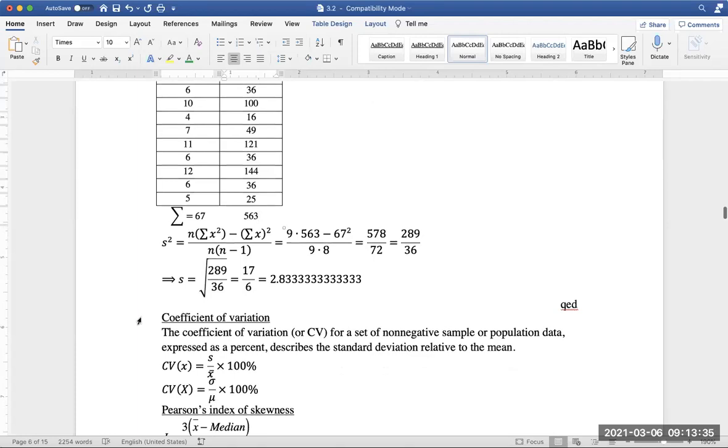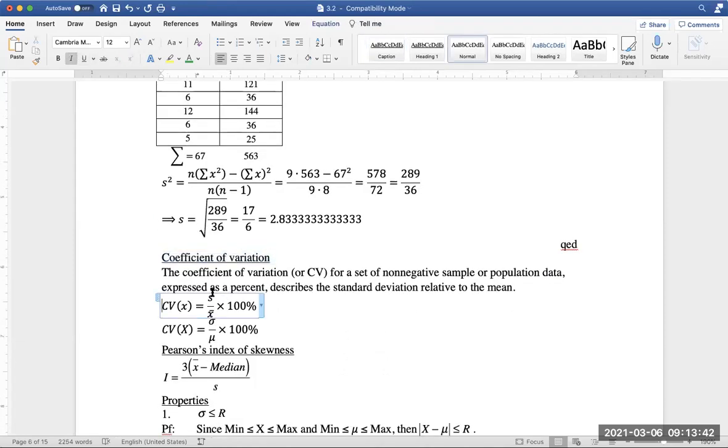Coefficient of variation. So the coefficient of variation is defined as S over the mean, the standard deviation over the mean, and you write it as a percent.